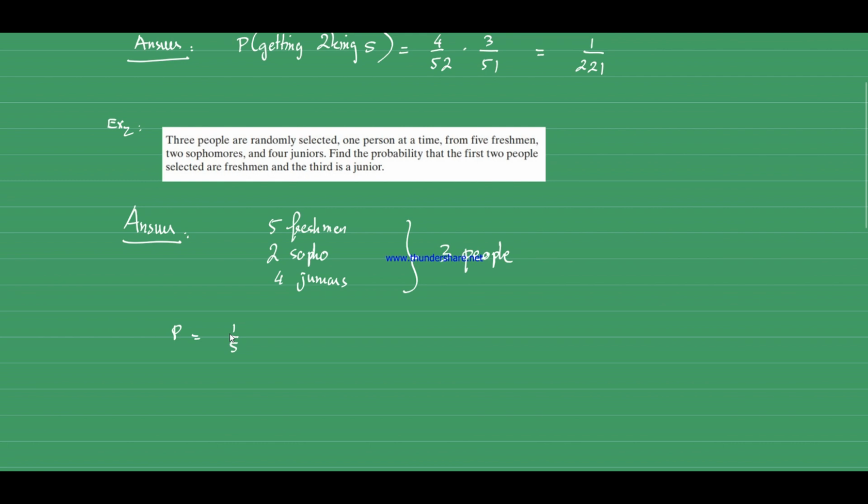Is that correct? See, it should be 2 out of 5.